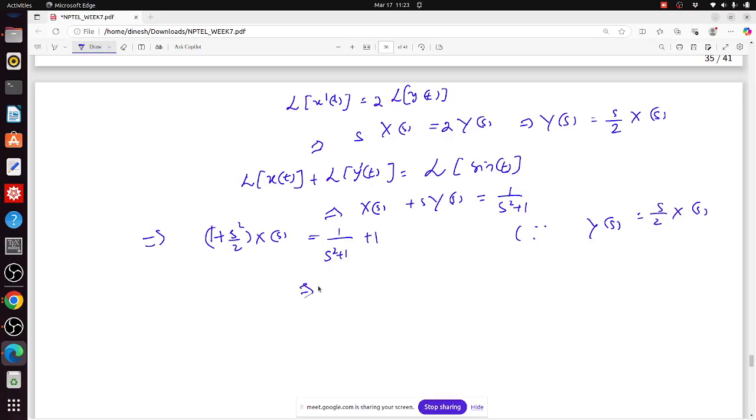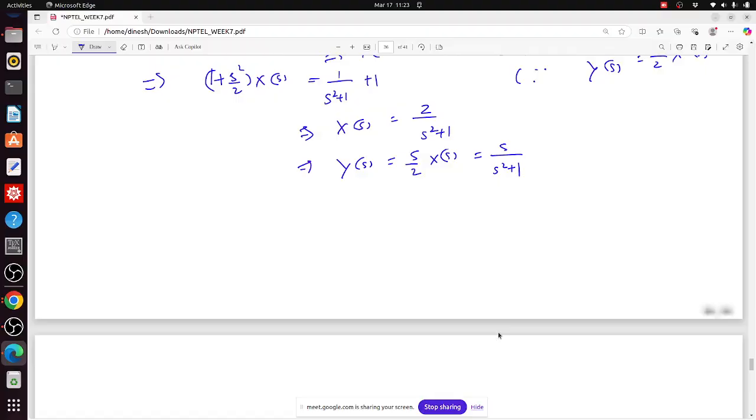So from this we will get X(s) is equal to 2 by s square plus 1, and Y(s) is s by 2 X(s), that is s by s square plus 1. So by taking the inverse Laplace transform of X(s) and Y(s), we can find the solution of the given system of differential equations.